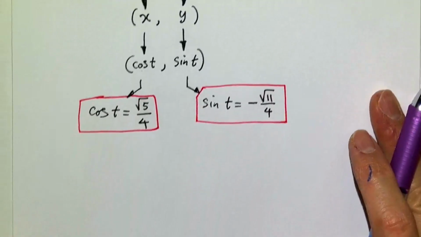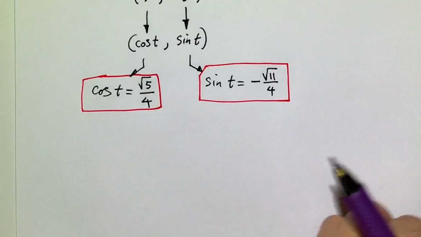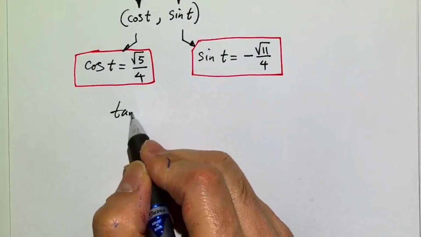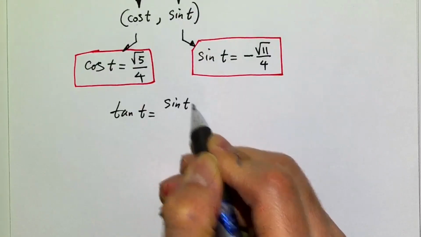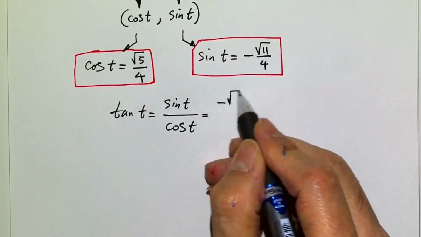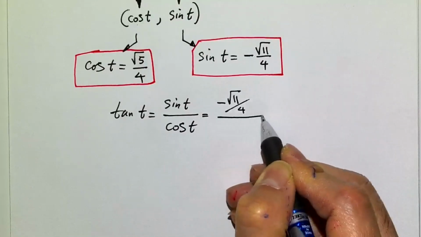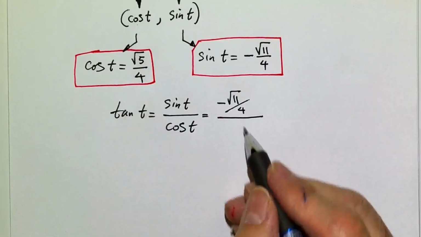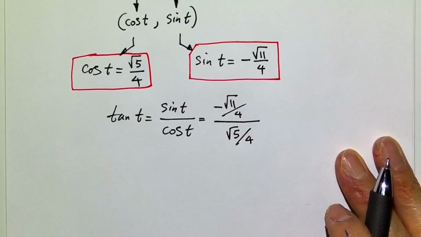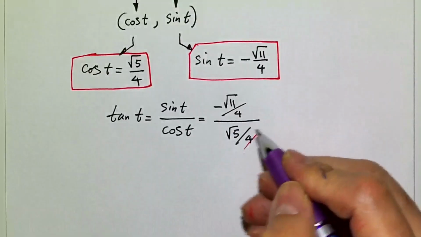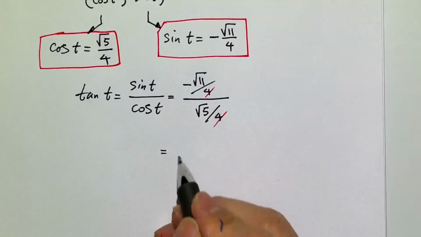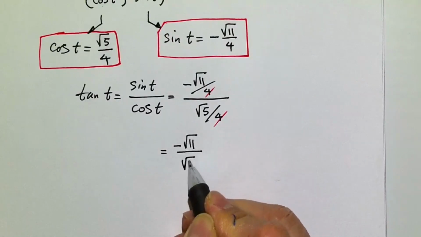Then we of course have to calculate tangent of t. So tangent is sine divided by cosine. So sine is minus square root of 11 over 4, divided by cosine of t, which is square root of 5 over 4. Okay? So the 4 and 4 cancel each other out. What do we get? We get minus square root of 11 over square root of 5.